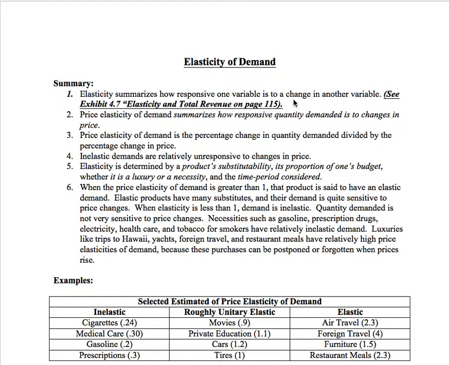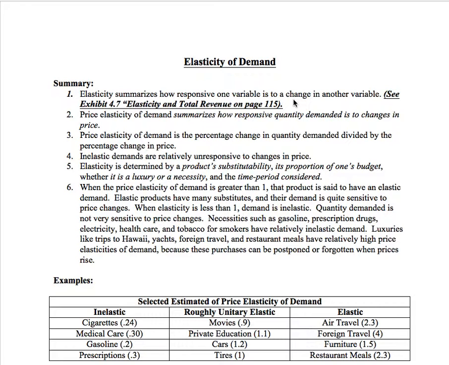Now, keep in mind, when we look at elasticity of demand, anytime the elasticity of demand coefficient is greater than 1, we would say the demand is highly elastic.